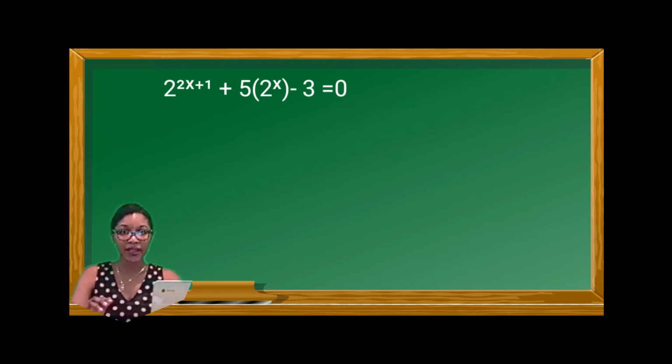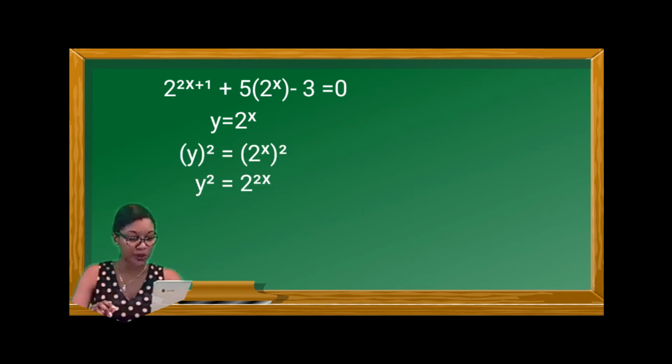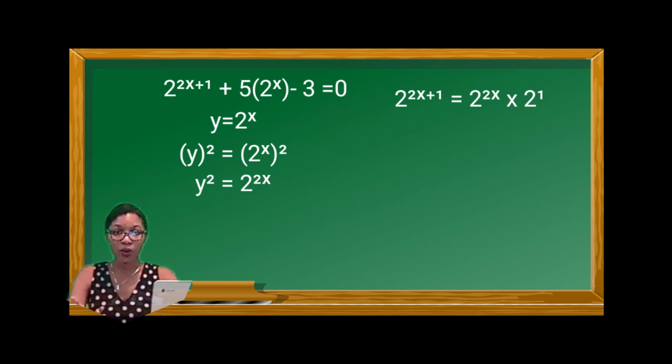So we can put y equal to 2 to the power x. Therefore, y squared would be equal to 2 to the power 2x. And if we expand 2 to the power 2x plus 1, using the laws of indices, it can be written as 2 to the power 2x multiplied by 2 to the power 1.